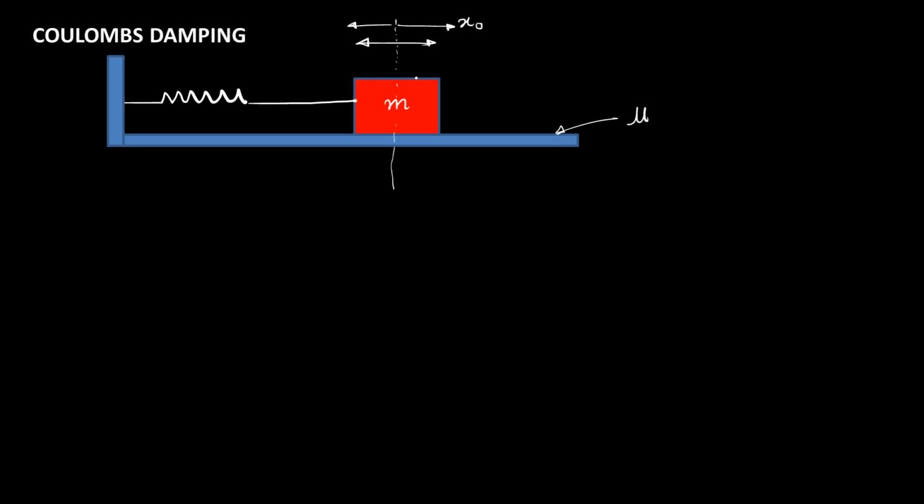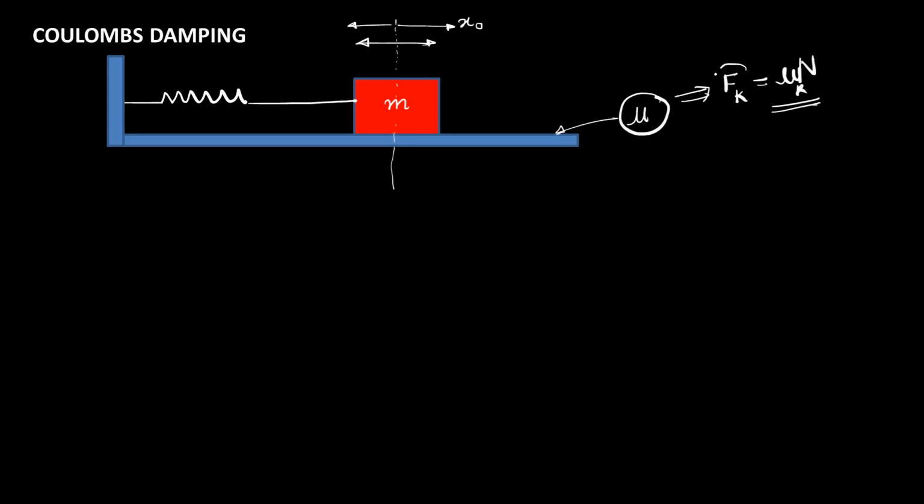Then this mass will start oscillating on this horizontal surface, and because of the friction, the frictional force Fk is equal to mu into normal reaction, and this friction will be a kinetic friction, so this is mu k. This is because the mass will be completely in motion, and therefore the frictional resistance offered by this surface will be the kinetic friction.